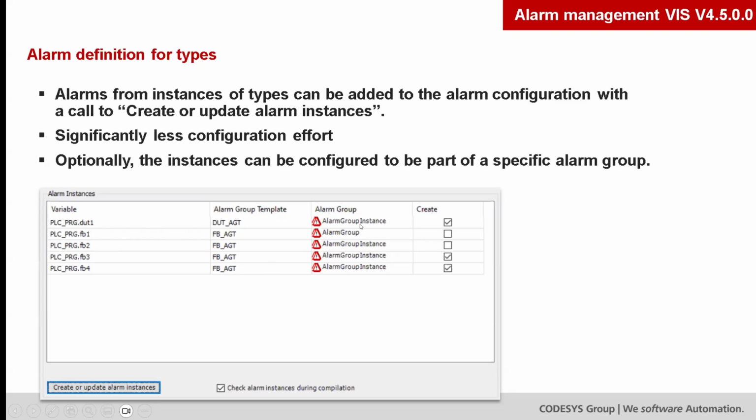You can assign to which alarm group they should be part of, and if this instance should be created. The default is that it is activated. And when you update your application, you create new instances.